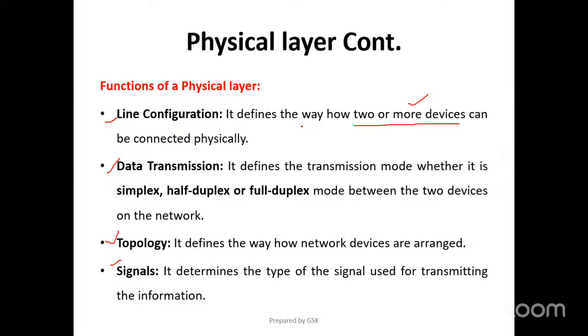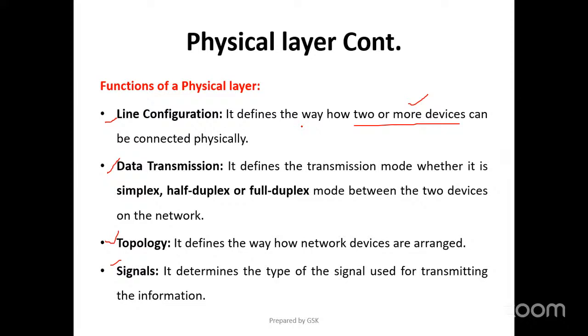Then data transmission, nothing but data transmission mode. In one of our sessions, we already covered the different types of transmission modes: simplex, half duplex, and full duplex. Simplex means the data can flow in one direction only, unidirectional.